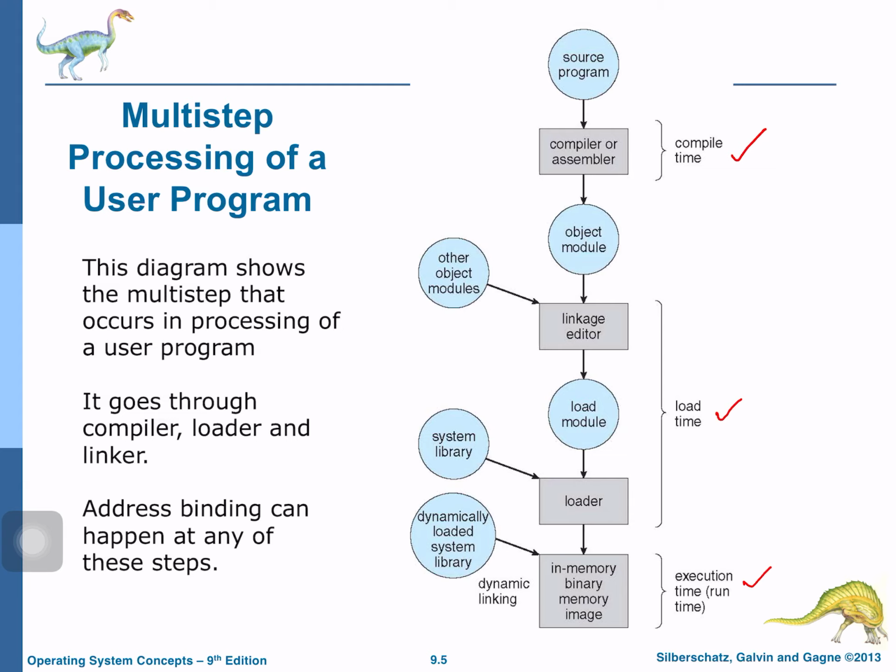If address binding is done during load time, it will first have to generate the relocatable address. If address binding is done during compile time, then it will need to create the absolute address.